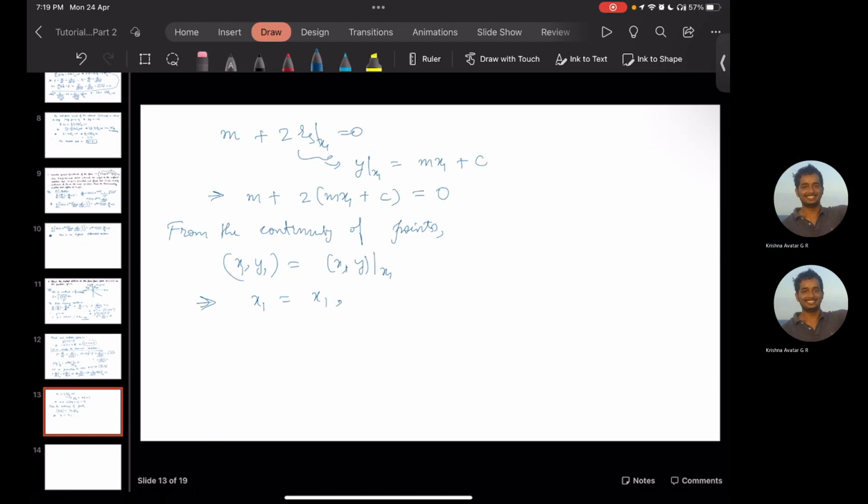And then y is equal to mx is equal to root over x1.